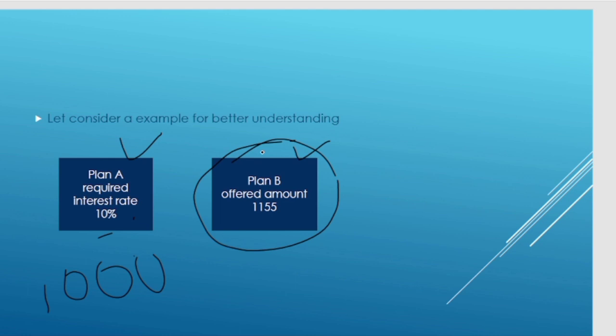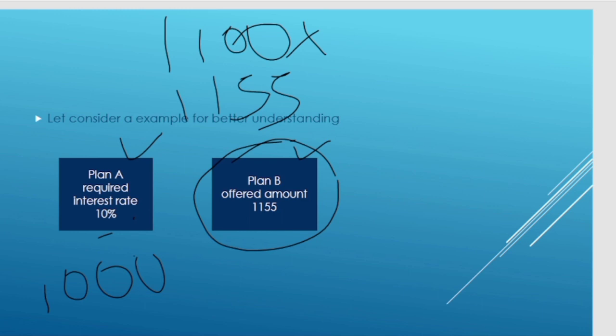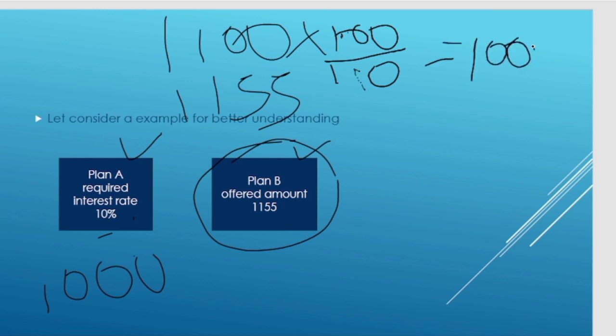In reverse, we can also calculate the present value of 1100 and the present value of 1155 now. If you consider 1100, what is the present value? Just multiply by 100 divided by 110, where 10% is your rate of return, and it gives 1000, the money you invested in your bank.